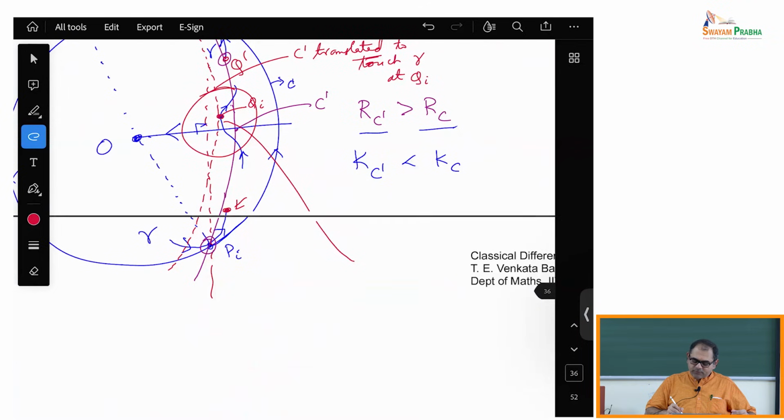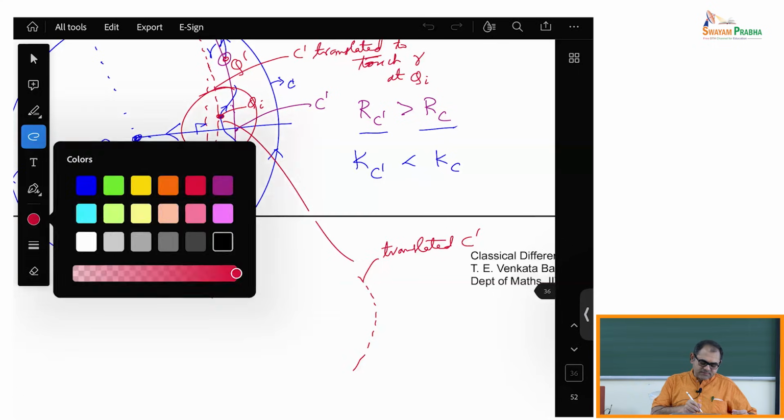Okay, and then what you should notice at this point, the way I have drawn the picture, is this. Either your translated C prime will be like this, and your portion of gamma may be like this.